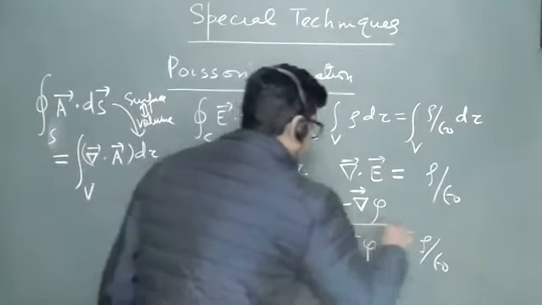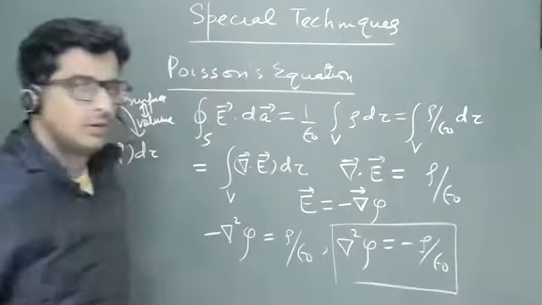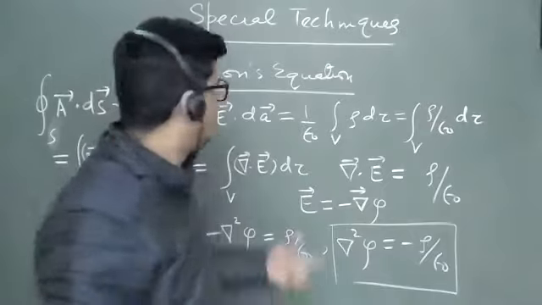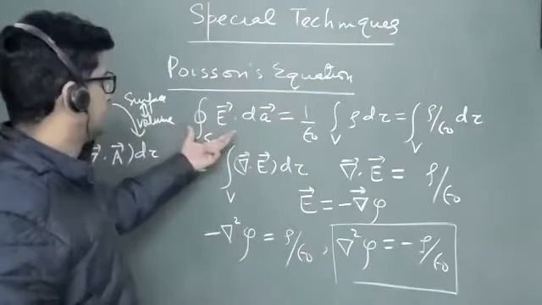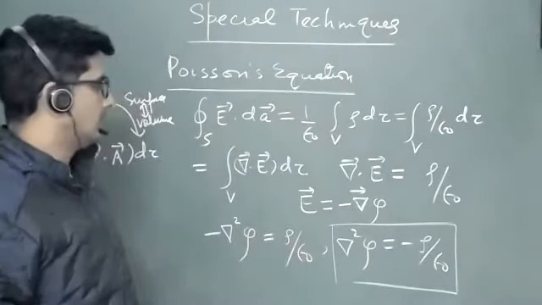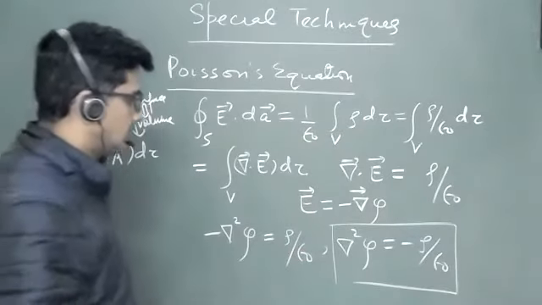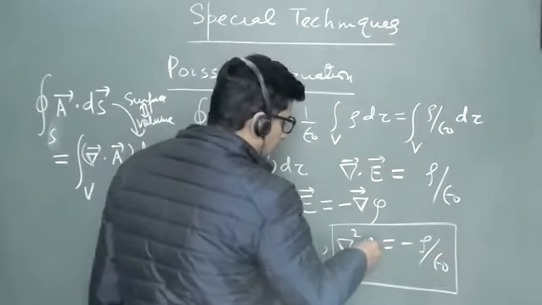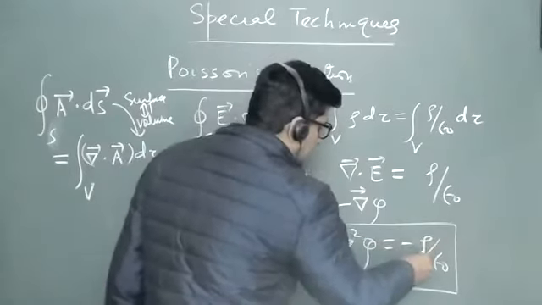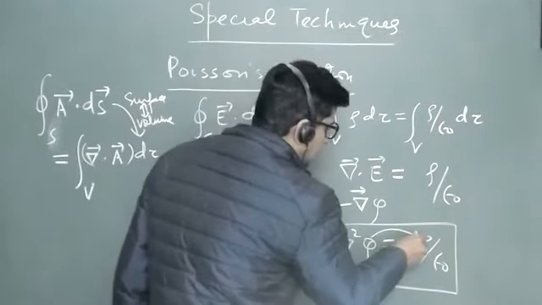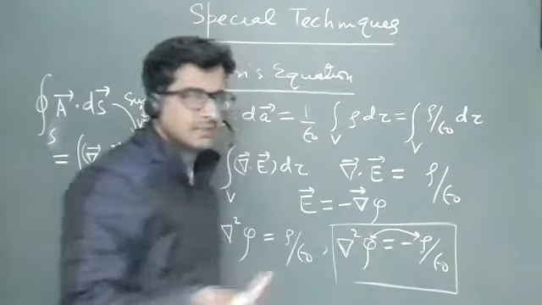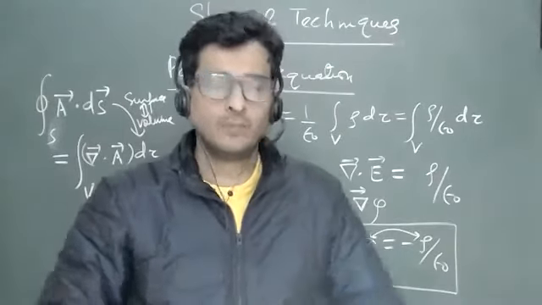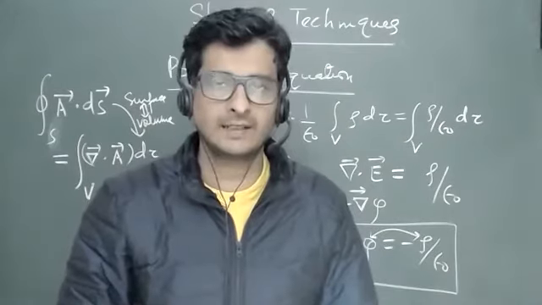So essentially, Poisson equation is the differential form of this. भाई गॉस लॉ से ही तो लिखते हुए आ रहे हो, हाँ? सो ध्यान से देखो, तो ये तो ऑपरेटर है, this is phi potential, and this is charge density. So essentially it is relating charge density to potential, which is in Coulomb's law also. Coulomb's law में भी तो हम potential को charge density से relate कर सकते हैं.